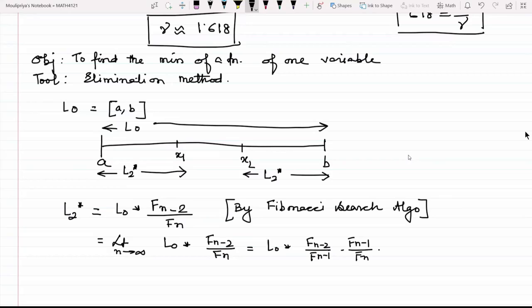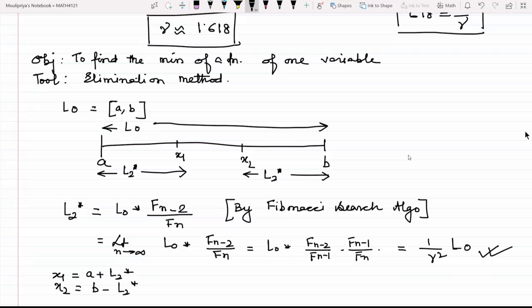So this is actually equal to 1 by gamma times 1 by gamma, so this is 1 by gamma square times L0. Am I okay with this value of L2? So what is x1? x1 is actually A plus L2 star, and x2 is B minus L2 star.